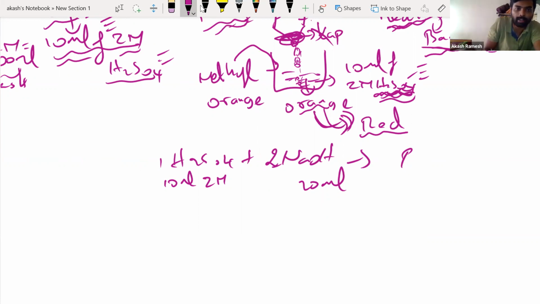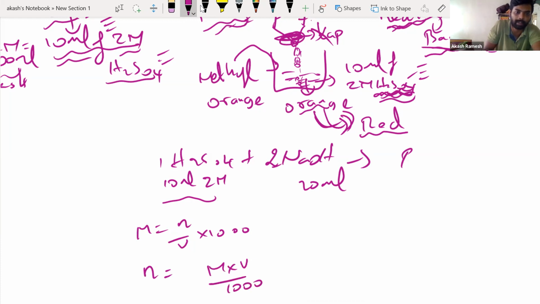When you convert them into number of moles, if you look at the formula, molarity is equal to number of moles by volume. No issues. Now, what will be the number of moles then? Molarity into volume divided by 1000.